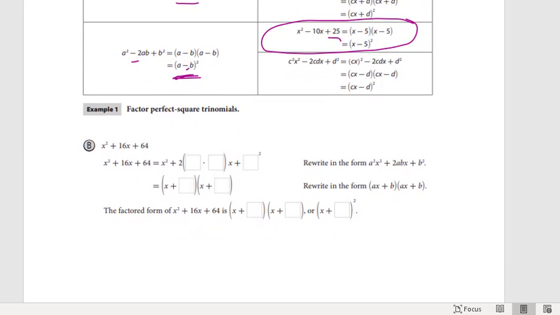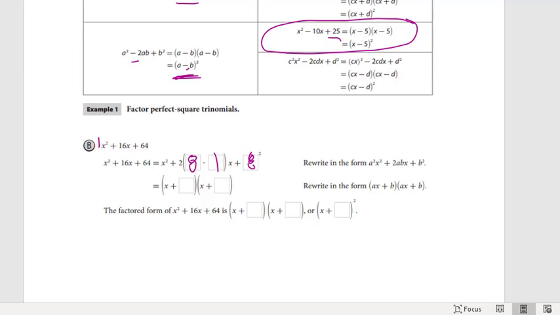All right, let's look at another example. We can rewrite this a little bit. Remember that out front is that little 1. So when we look at this first example for this perfect square trinomial, 64 is the same as 8 squared. 16 is the same as 2 times 8 times 1 times x.